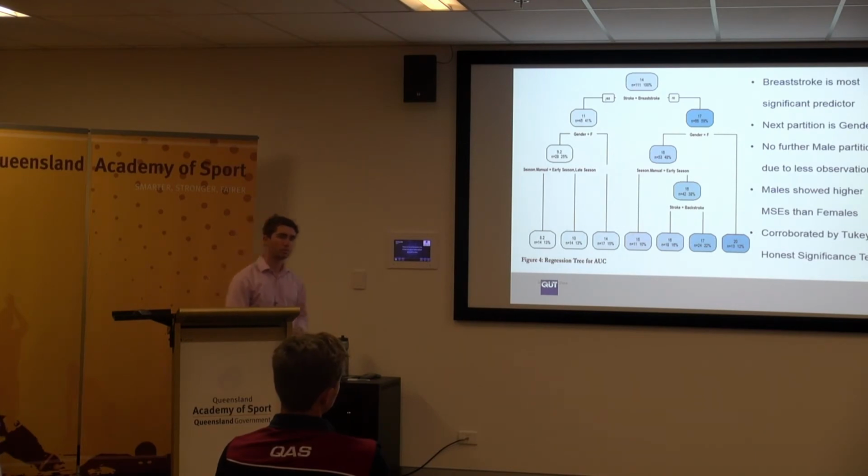I don't have any familiarity with this technique at all, but I think it's really interesting. I just have a couple of questions around it. It seems to me that you would need a fairly large number of observations to be able to build it. Is that the case? Yeah.